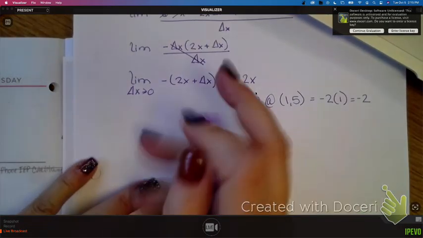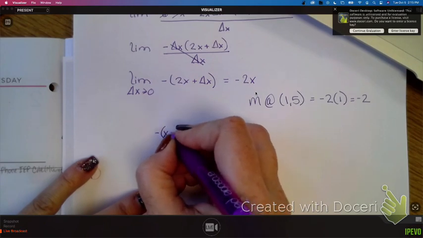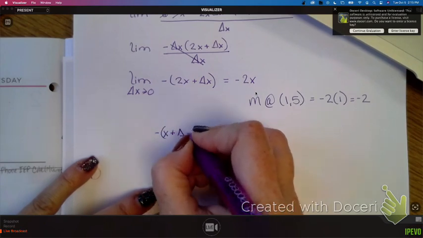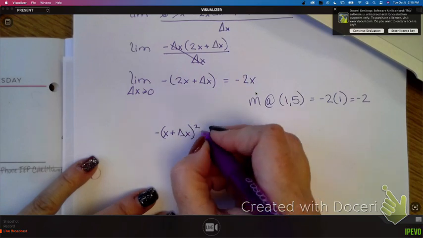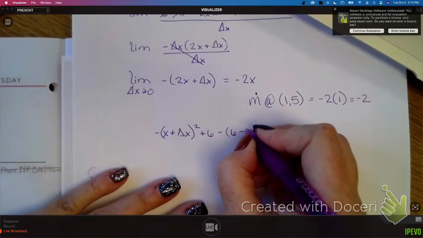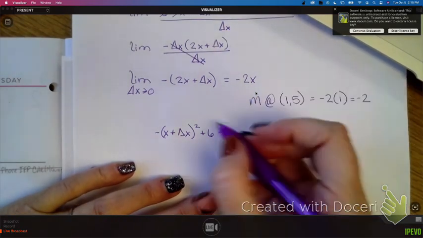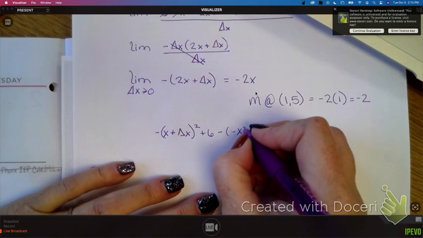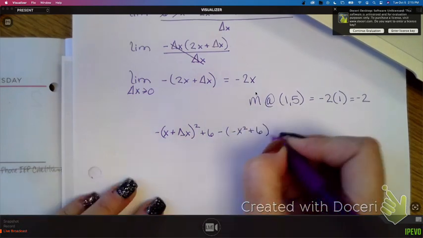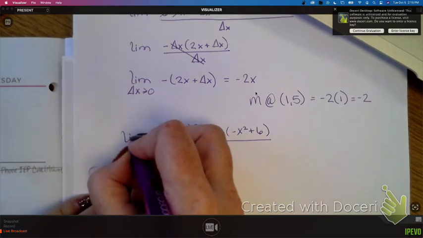Okay, so you have negative x plus change of x squared plus 6. Then minus 6. I saw the negative x squared as plus, that's where I got to. I might have got it. Okay.